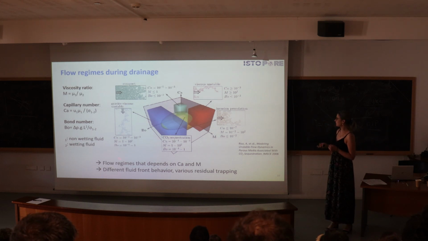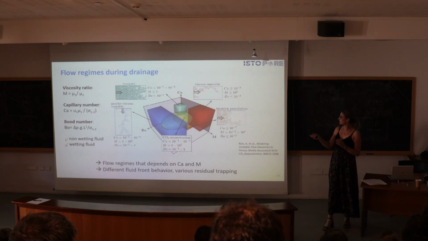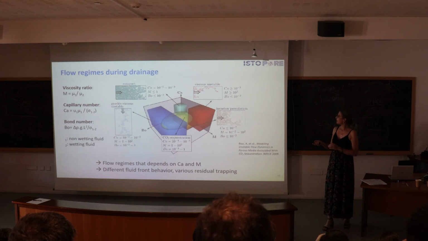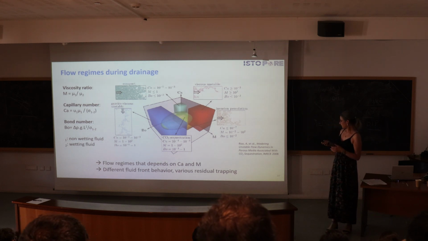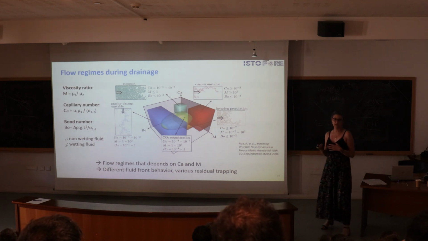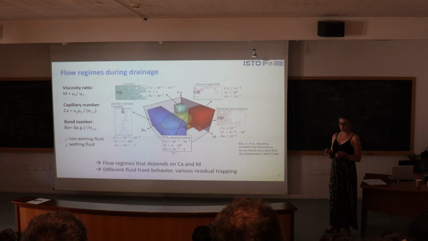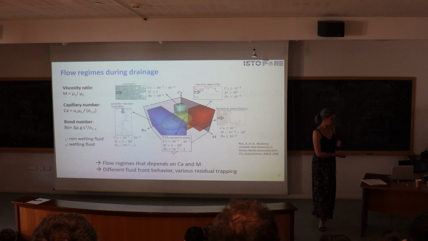Depending on these numbers, you can have a stable front when your non-wetting fluid is displacing your wetting fluid, or you can have some instabilities. You will have different front behaviors that will also lead to different residual trapping, and we still need to investigate that.